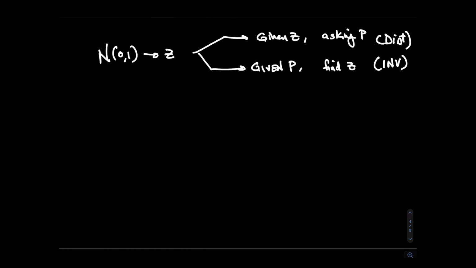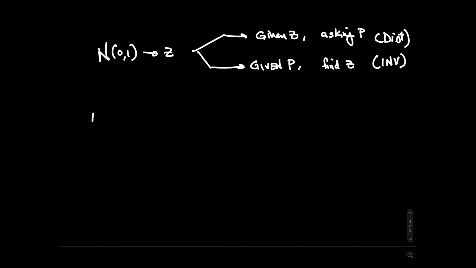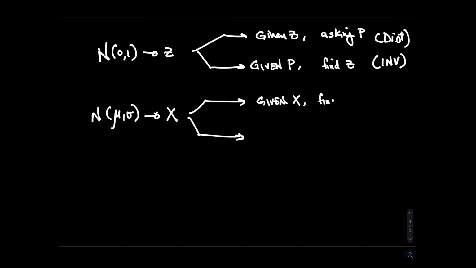And then for a non-standard normal distribution, mu sigma, that's in terms of x's. And here I have two scenarios. Given x, find p, that's a non-standard dist. And then given p, find x, that's the inverse non-standard problem.